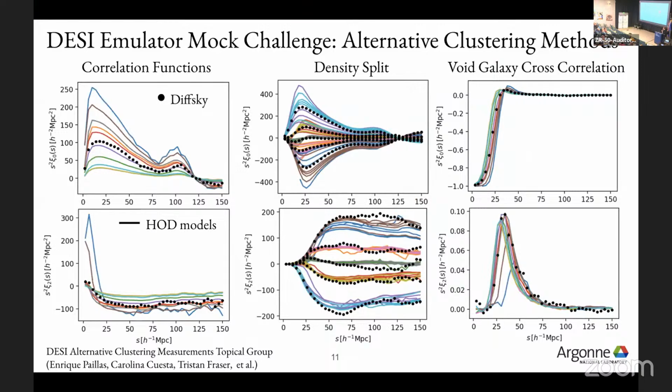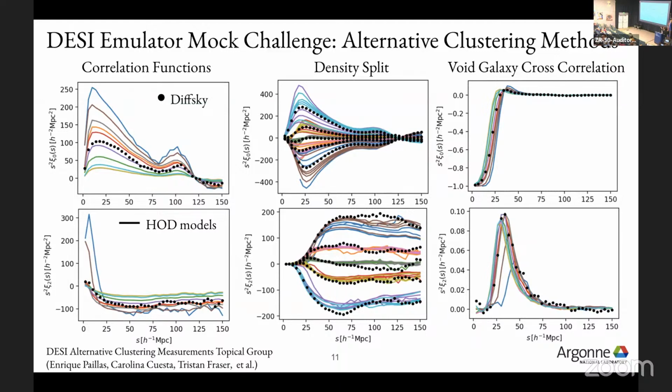I just want to quickly show the current state of the DESI emulator mock challenge. These are some plots made by the alternative clustering methods group within DESI, who are participating in the challenge to validate the robustness of their higher order clustering statistics. And I just wanted to show these figures to highlight the diversity of clustering measurements that are being used in this group.